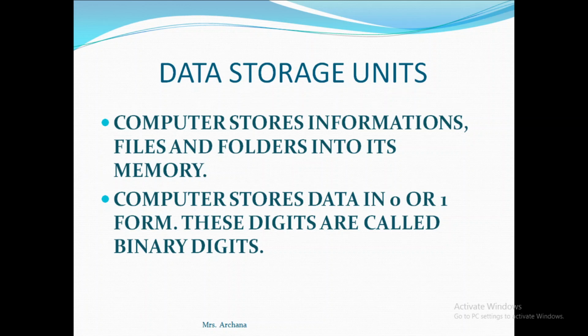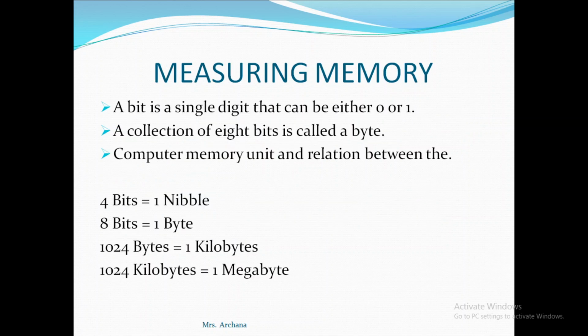Another important thing is that computer memory is measured in bits. 1 bit is equal to a single digit, that is either 0 or 1, and bit is the smallest unit. There are some examples of memory. A bit is a single digit that can either be 0 or 1.